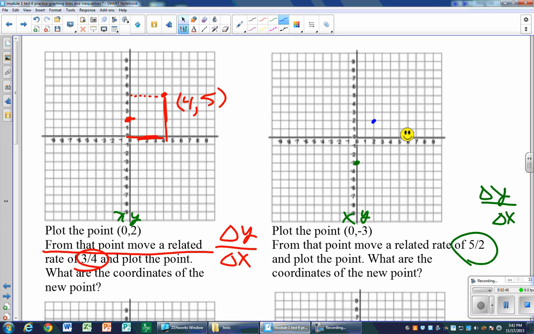What are the coordinates of the new point? I am above the 2 or below the 2, but in this case I'm above the 2. And I am at the same level as that 2. So the coordinates are 2, 2.